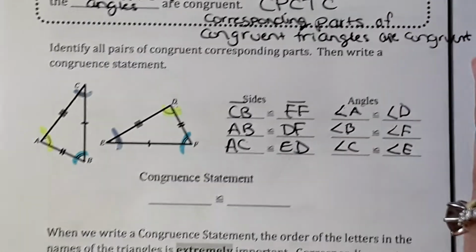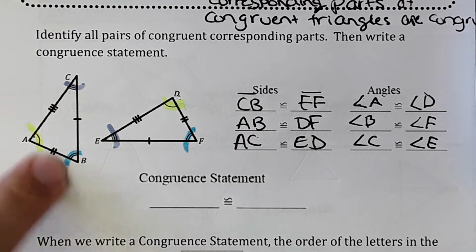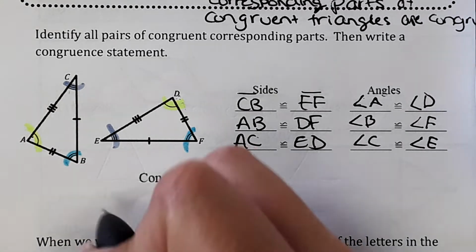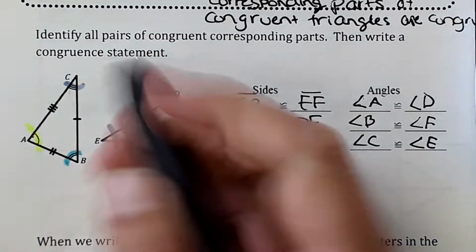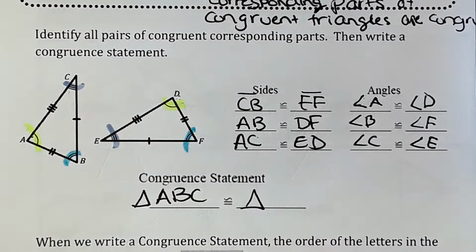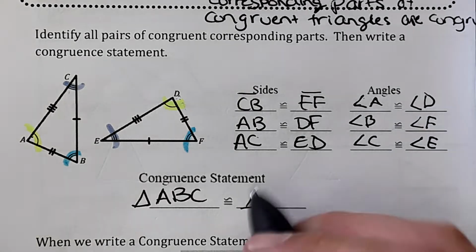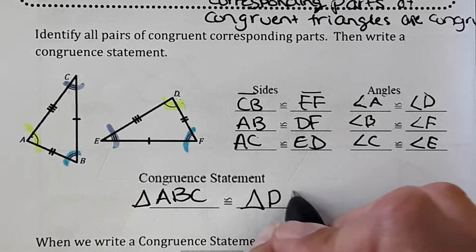Okay, so when we write a congruence statement for these triangles, we have to make sure that everything corresponds in that congruent statement. So we have triangle, and we'll just name this one ABC. And then when we write the statement for the second one, everything has to correspond. So if A is equal to angle D, then D has to go first. And if B is equal to F, then we would put F in here.